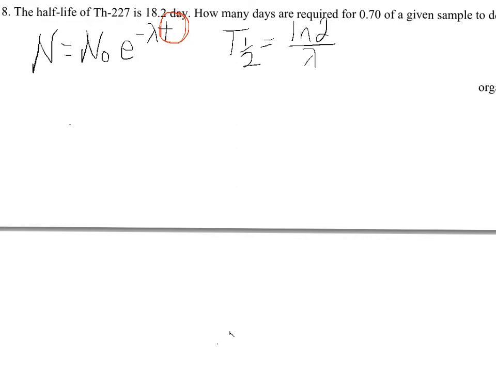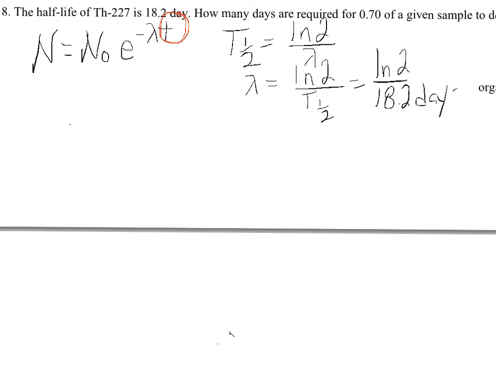If we multiply both sides by lambda and divide both sides by t to the 1/2, we get the decay constant equal to the natural log of 2 divided by the half-life. So if we plug our half-life in, natural log of 2 over 18.2 days.